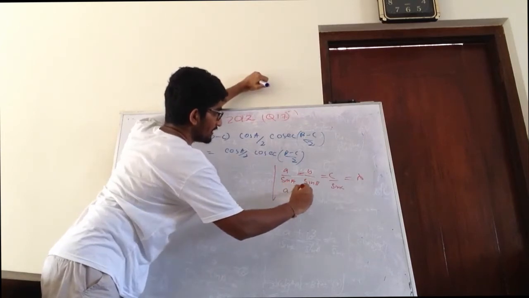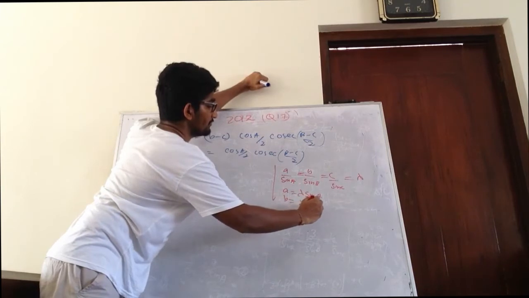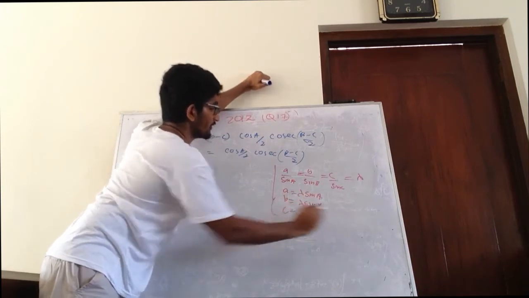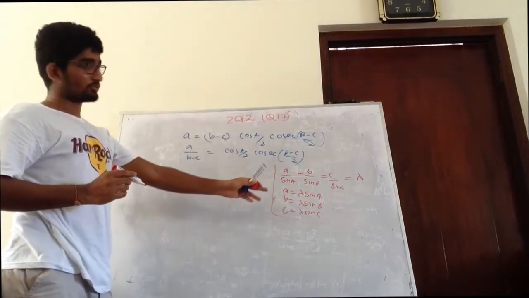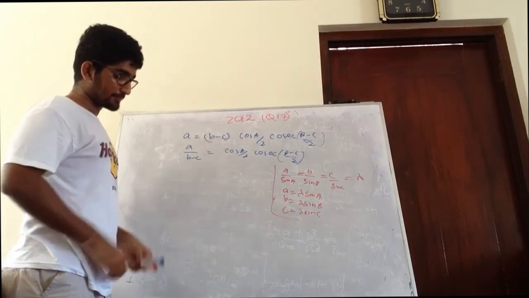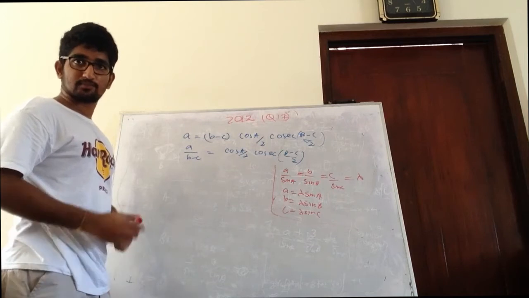So that means A becomes lambda sin A, B becomes lambda sin B, C becomes lambda sin C. So I took the previous finding to use this. No problem, no?